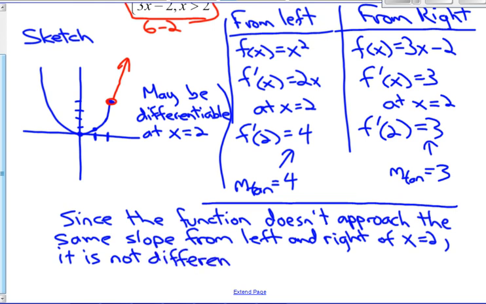And you could have done this with first principles instead of using our differentiation rules, but it's a little bit easier this way.